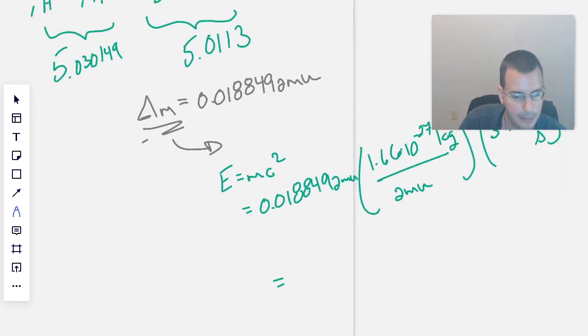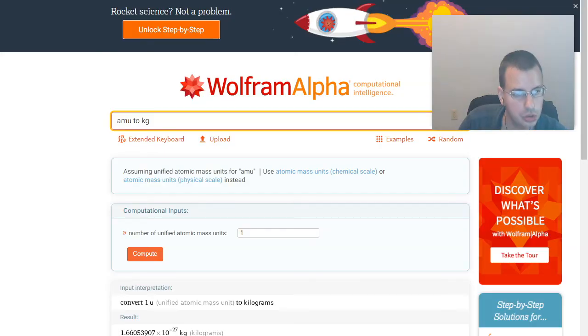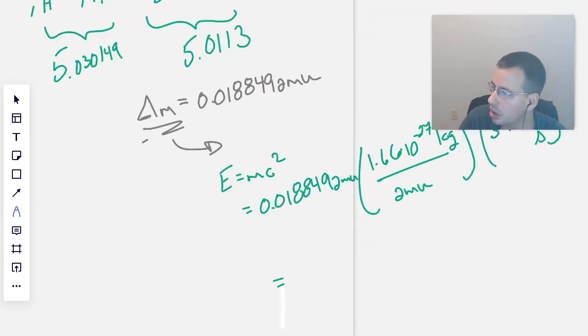So going back to Wolfram, we will do 0.018849 times 1.66 times 10 to the negative 27th times 3 times 10 to the 8th, quantity squared.